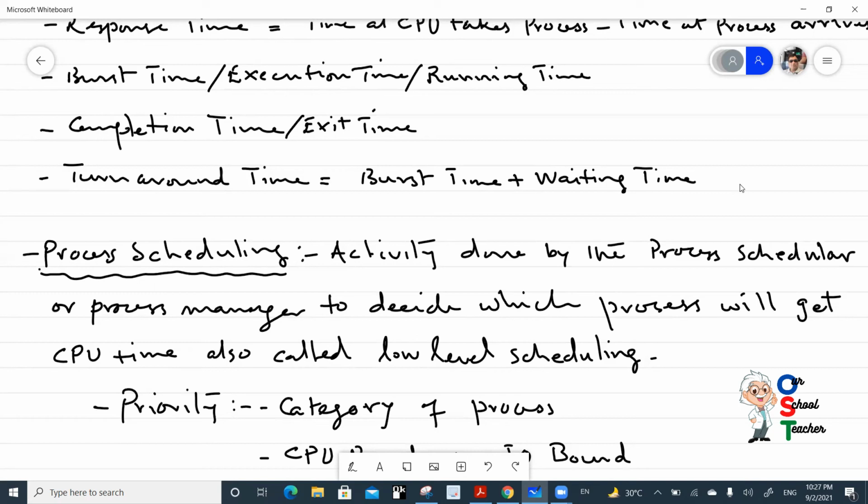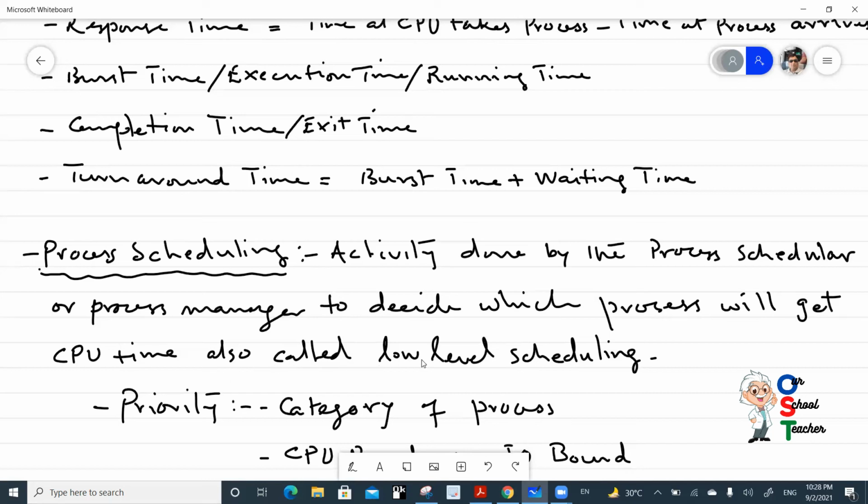It depends on the priority also. It depends on the type of algorithm the system is following. So we will see this concept. Process scheduling means the activity done by the process scheduler or process manager to decide which process will get CPU time.